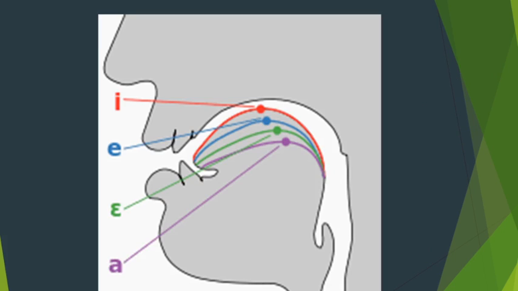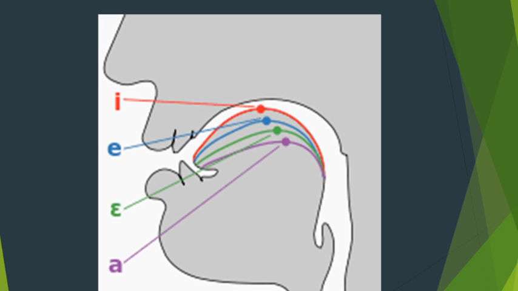Basically, the concept of the vowels is that all the vowels which we produce with the help of the speech organs are due to the tongue's different positions in the oral cavity and the different parts of the tongue.